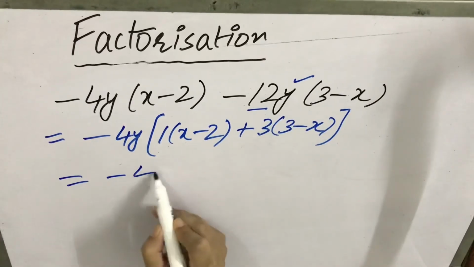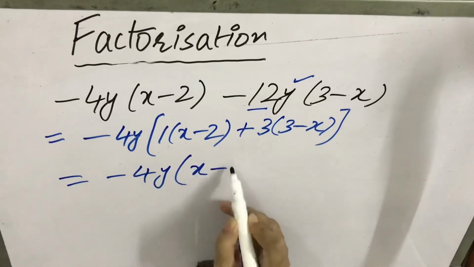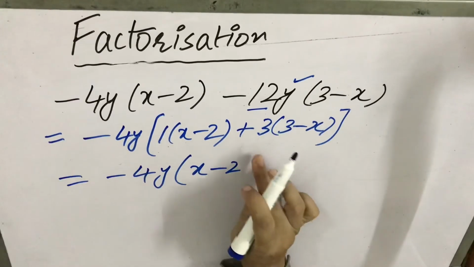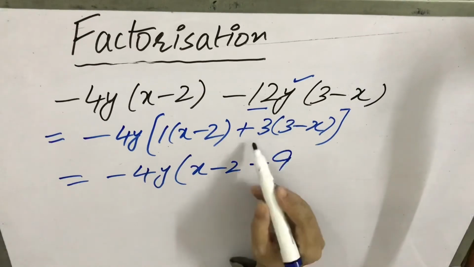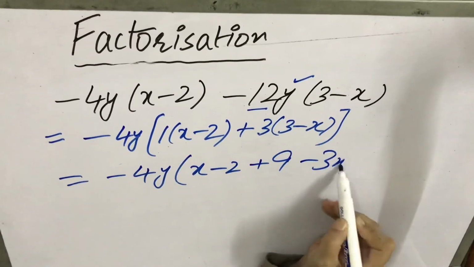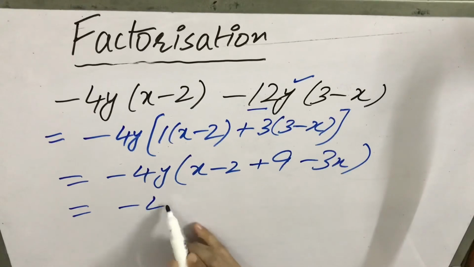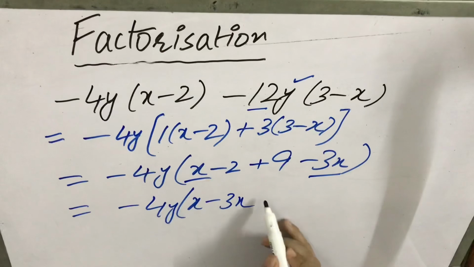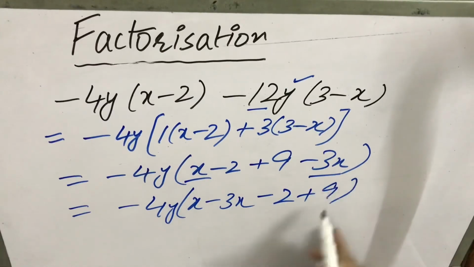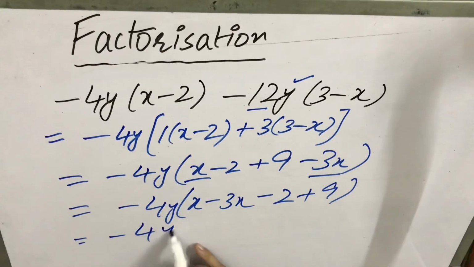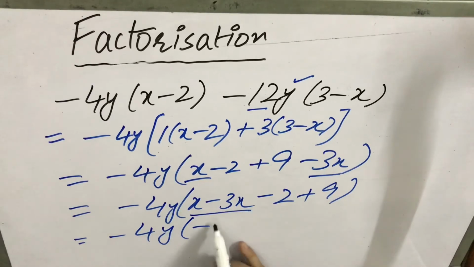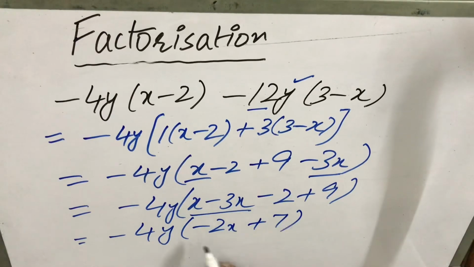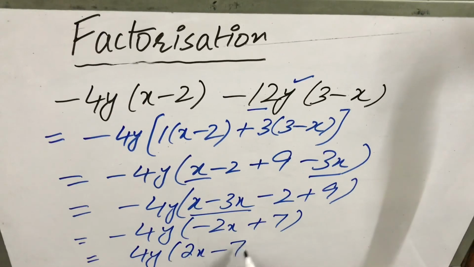We open it, minus 4y bracket x minus 2, as we multiply with 1 it doesn't matter, 3 3s are 9 minus 3x. So we shall have minus 4y bracket x minus 3x like terms together, minus 2x plus 7. Or if we take this minus sign inside, 4y bracket 2x minus 7, the same answer.